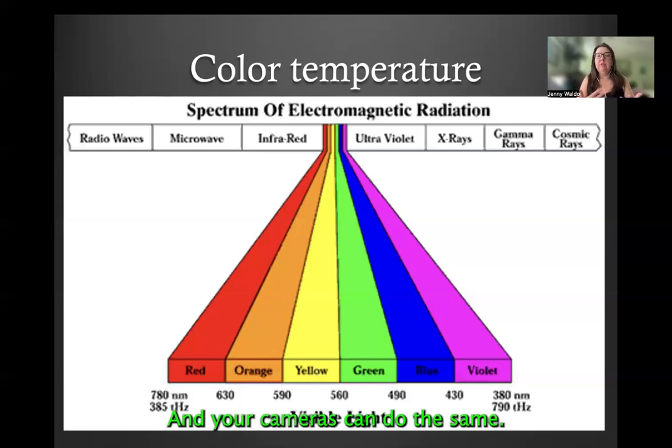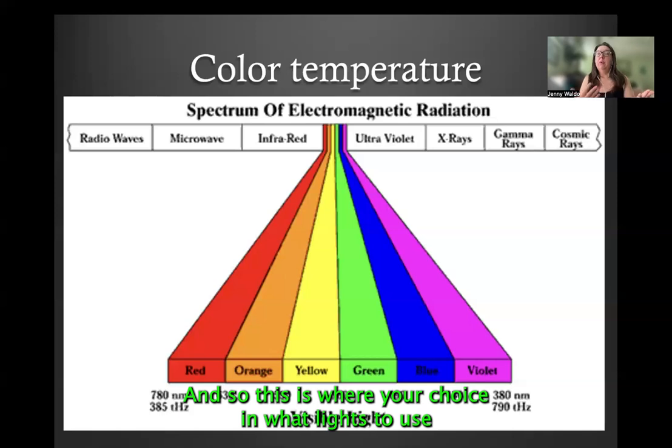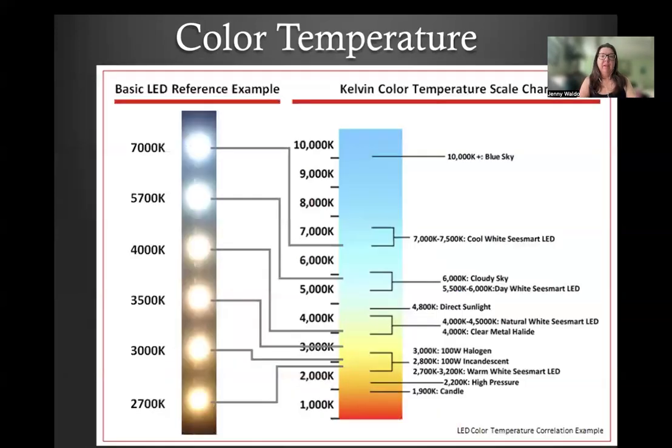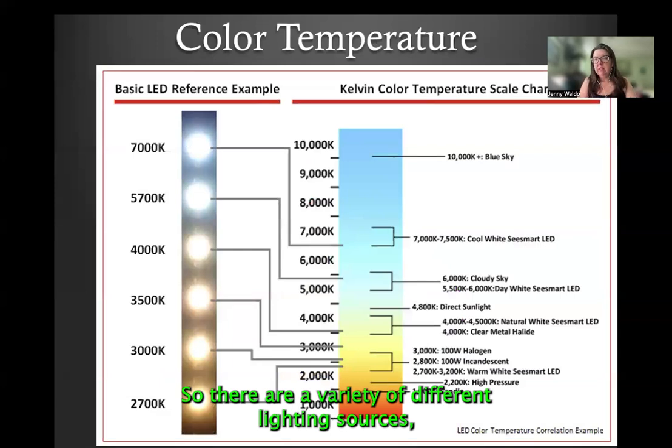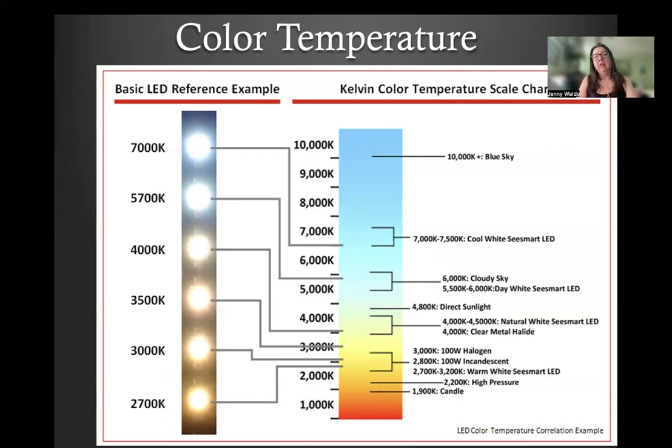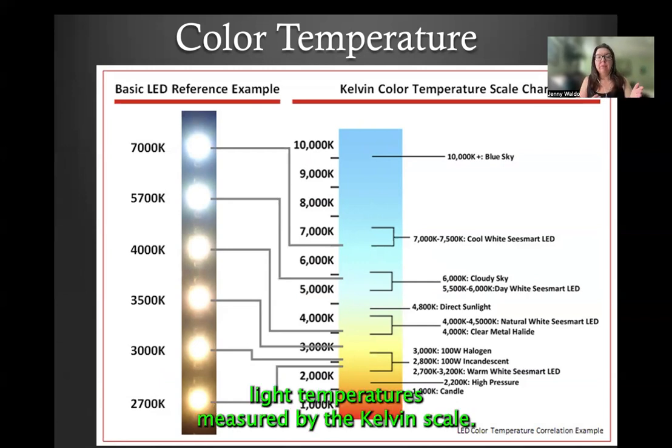And your cameras can do the same. And so this is where your choice in what lights to use and how you white balance your camera affects the color of your image. So there are a variety of different lighting sources, including the sun and then electric lamps that you can use, and those all run at different light temperatures measured by the Kelvin scale.